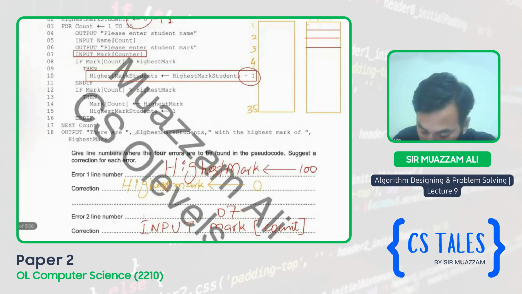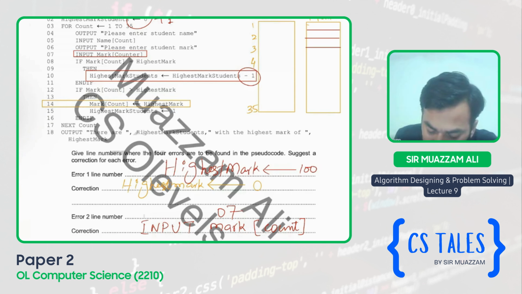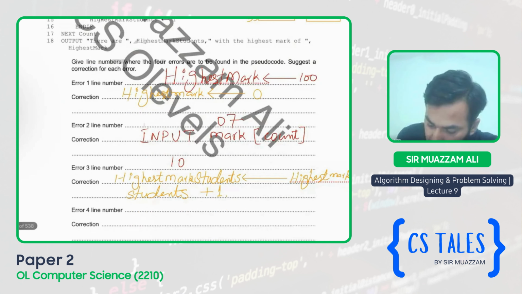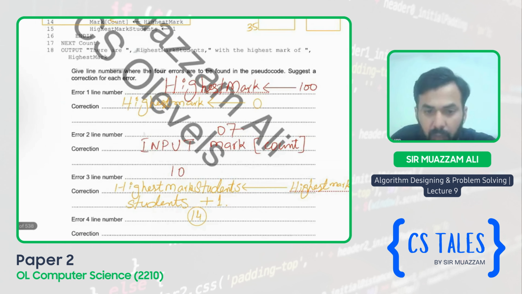So next question, a line: if mark count is equal to the highest, then highest mark equals mark count. No, we will never write it like that, so this we will write over here at this side. In line number 14, there is an error. You have to write highest mark student.